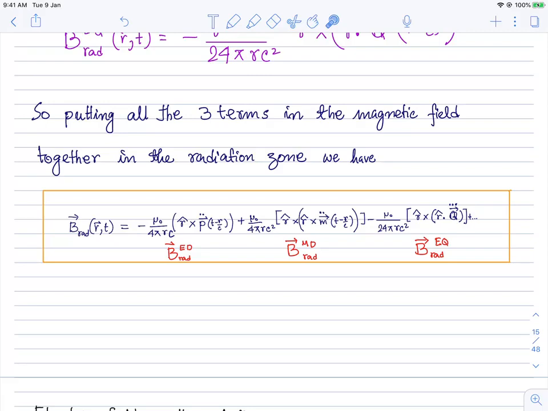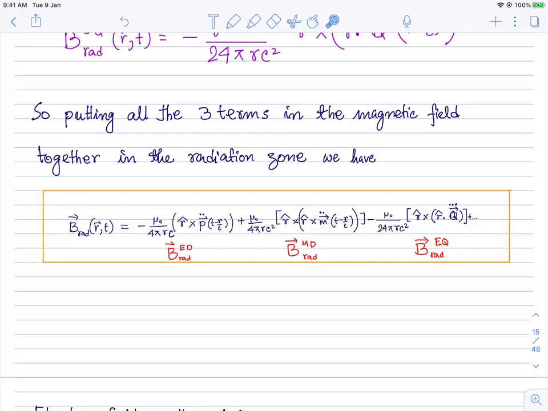And the third term corresponds to the triple derivative of the electric quadrupole. And so there are more 1 over r pieces. I'm not saying there aren't any 1 over r pieces, but there are more and more 1 over r pieces.